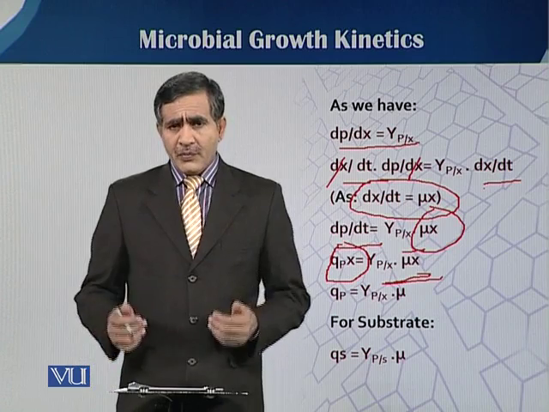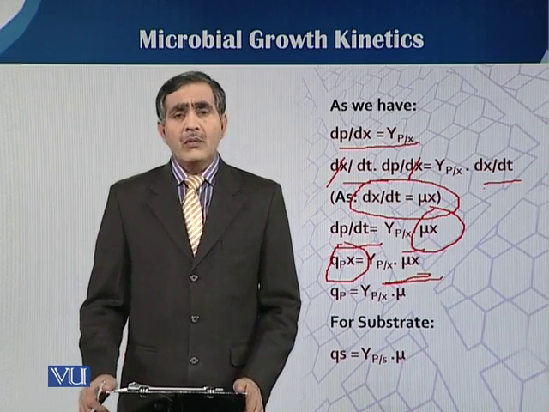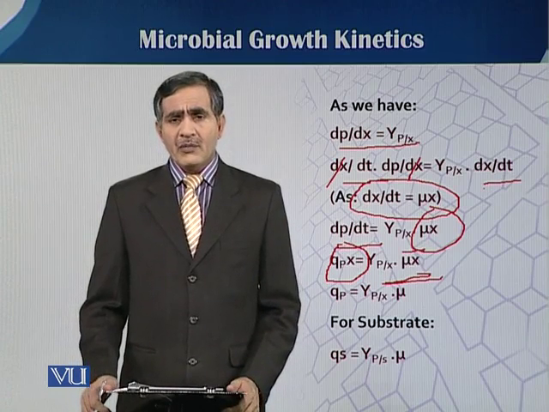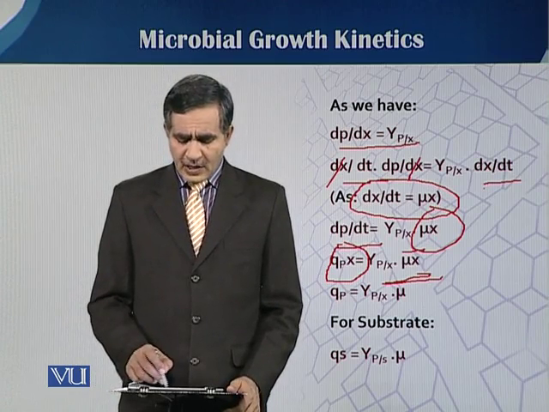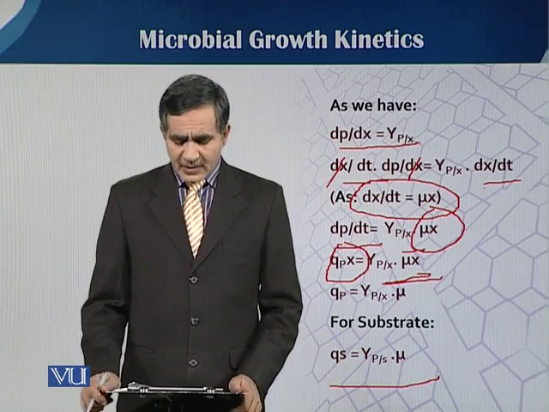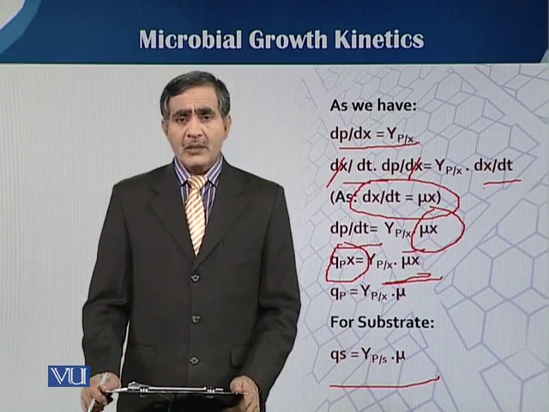If we transform this equation to the effect of substrate on the product concentration, then we can write qs, the change in substrate concentration with respect to product, as Y, the yield, dot mu.